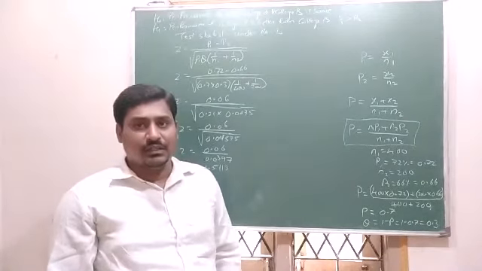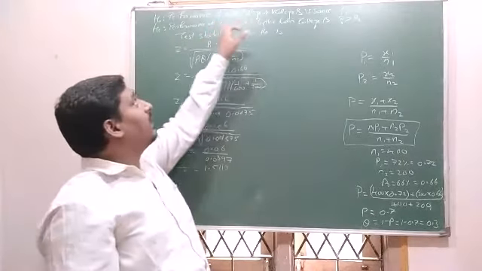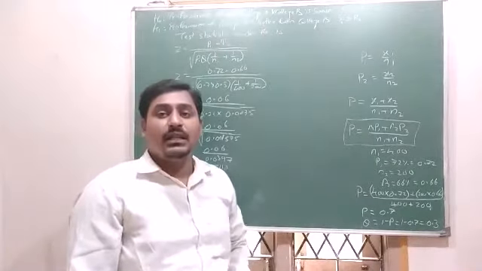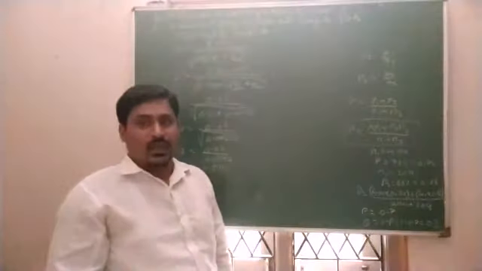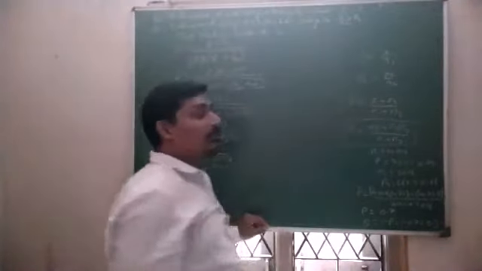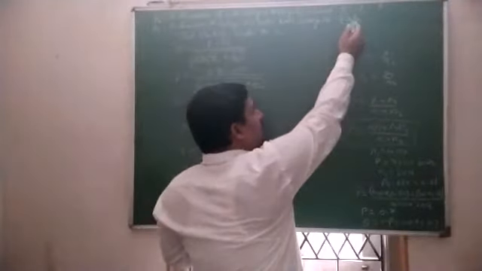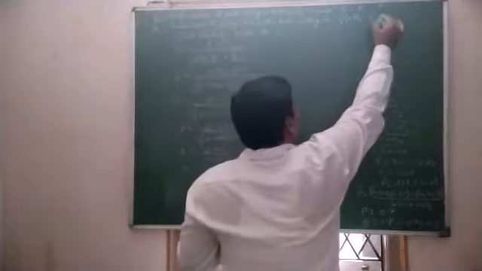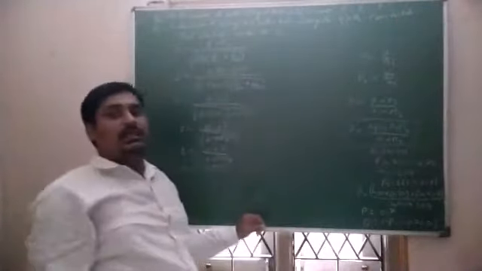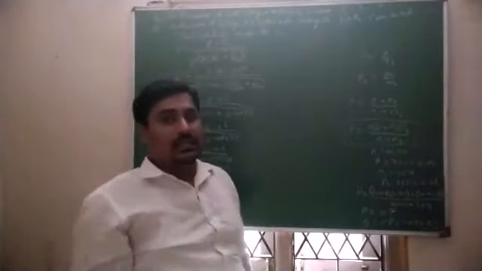Now they have asked us to test at 5% level of significance. The given H1 says the performance of college A is better than college B, which means it is a one tailed test, and that is an upper tailed test, since better than means greater than college B. So P1 is greater than P2, so it is a one tailed test, and moreover it is a positive tailed or upper tailed test.